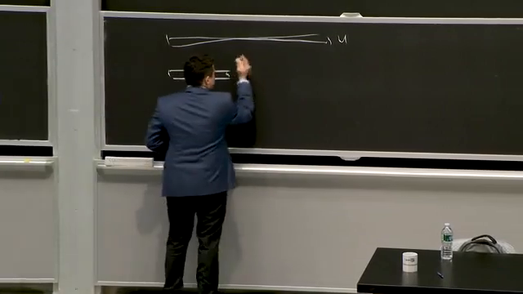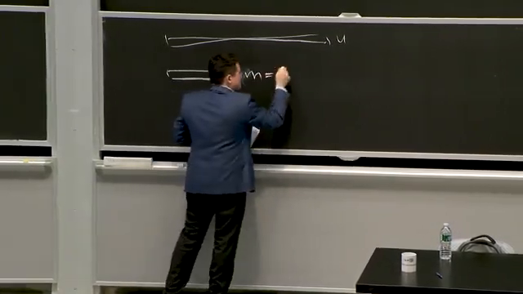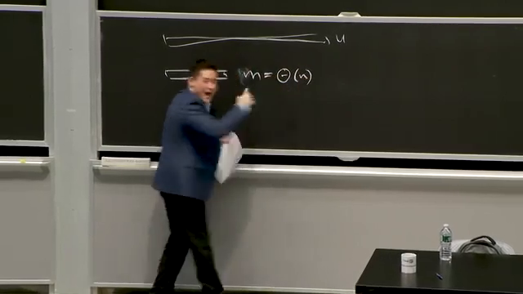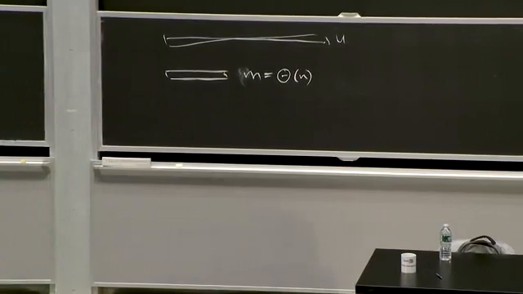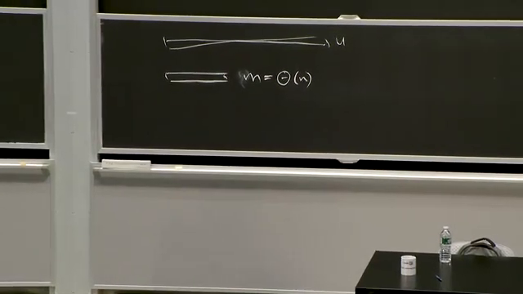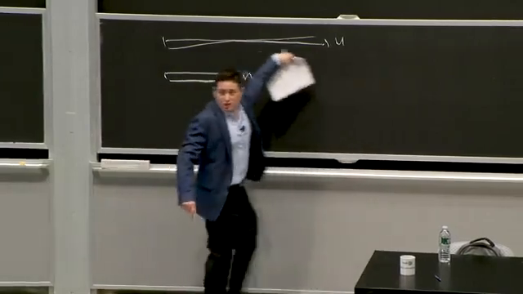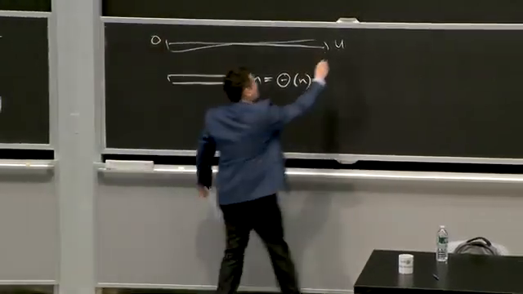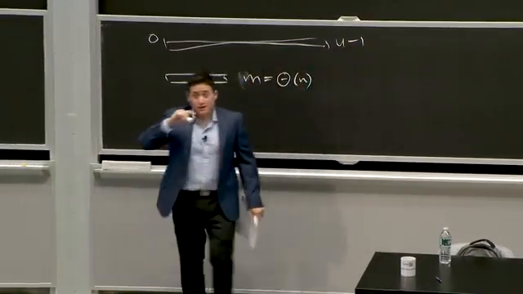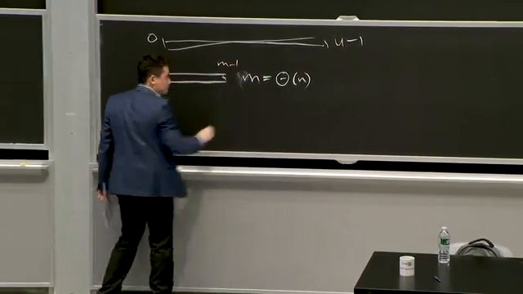I'm going to relax that and say we're going to make this a length m that's around the size of the things I'm storing. And I'm going to try to map this large space of keys from 0 to u minus 1 down to a range that's 0 to m minus 1.